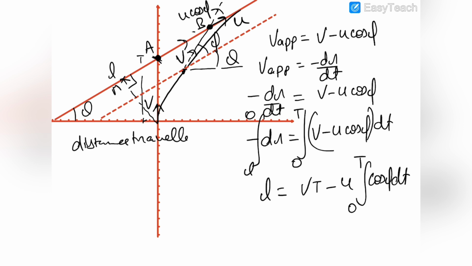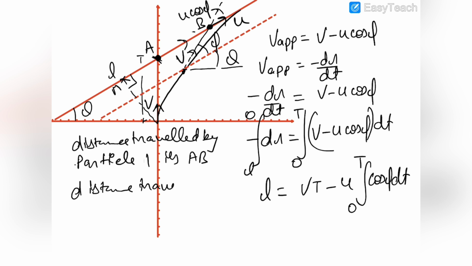The distance traveled by particle 1 is AB, and the distance traveled by particle 2 along this line will be this one, MB, M to B, in the same time.